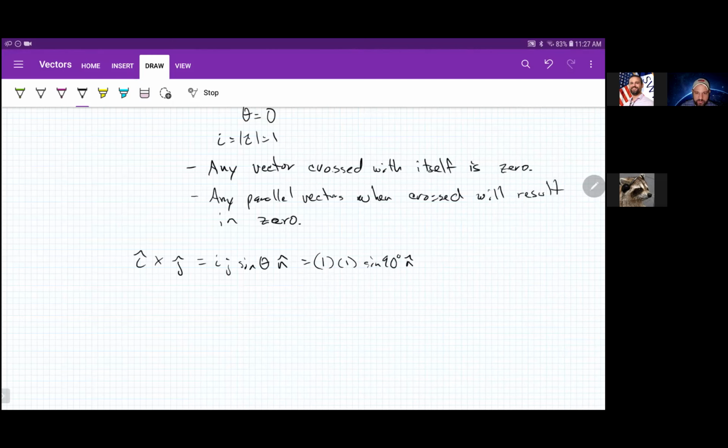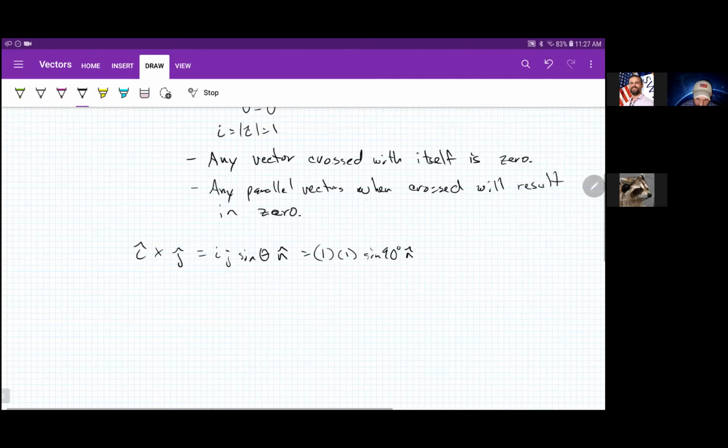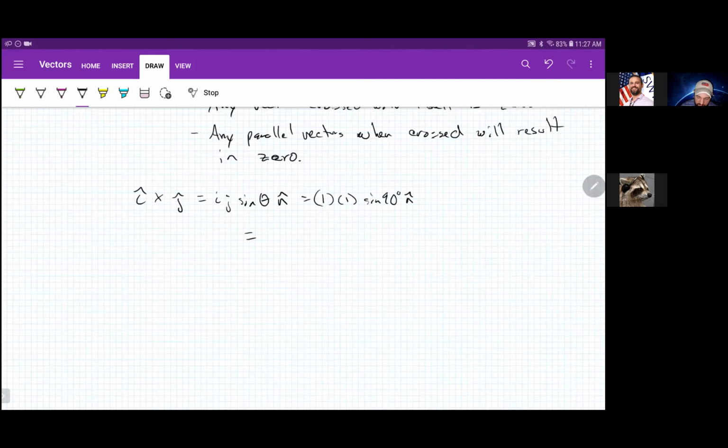And so we'll get 1 n hat. So we'll just get n hat. Now, if I draw this, right, this is the i hat direction. This is i hat. This is j hat. And so we already know, we talked about that the 90 degrees from that is going to be k hat. So this is actually k hat.